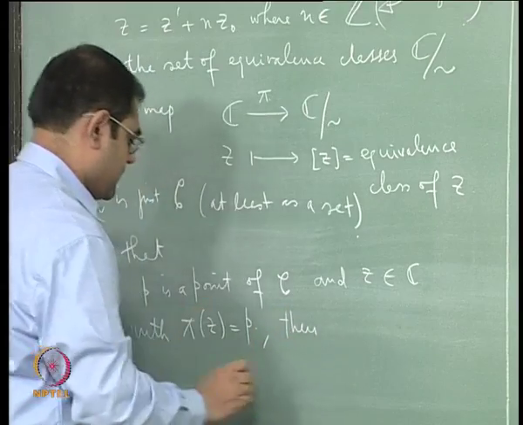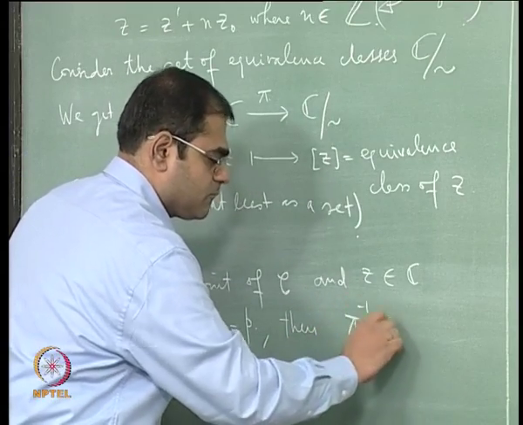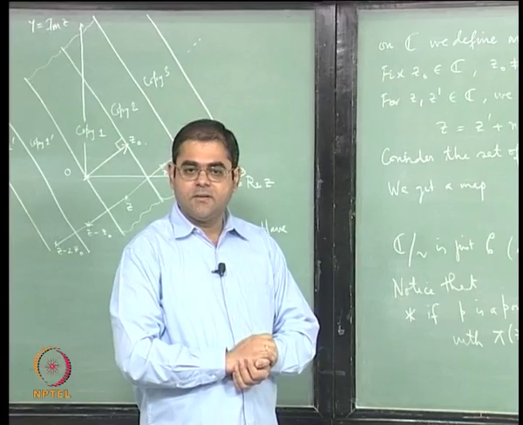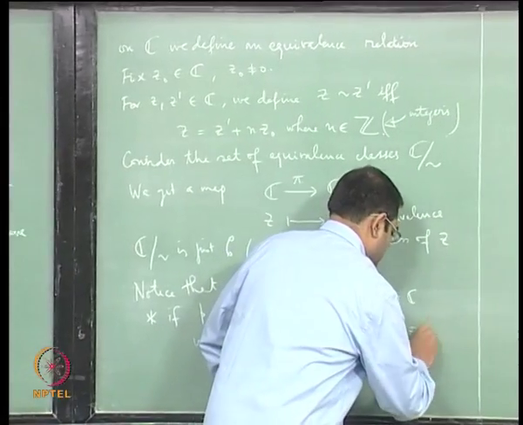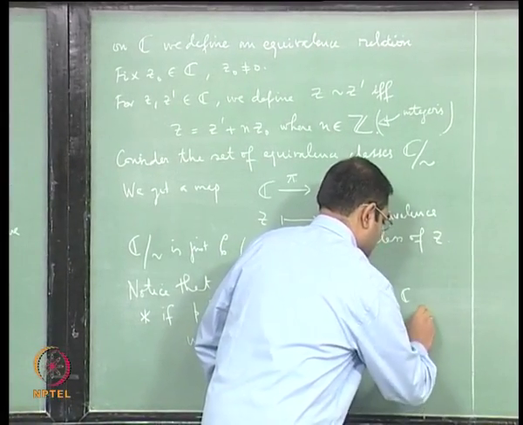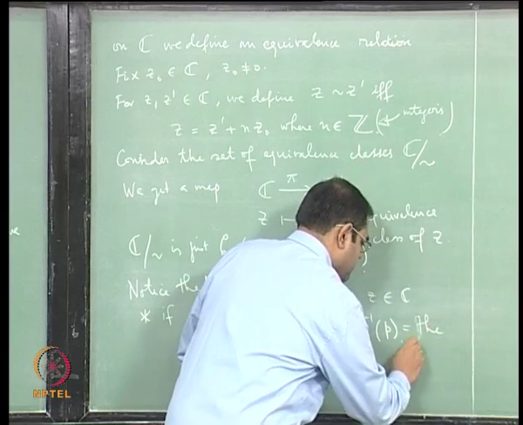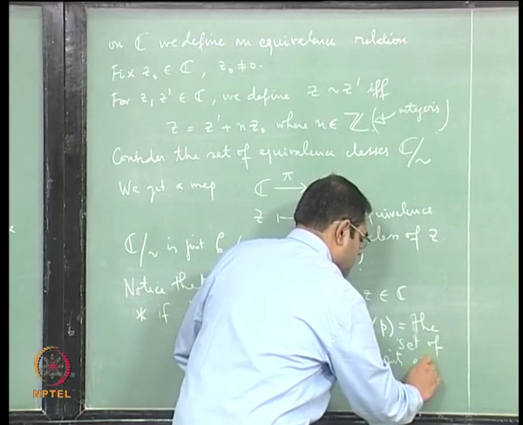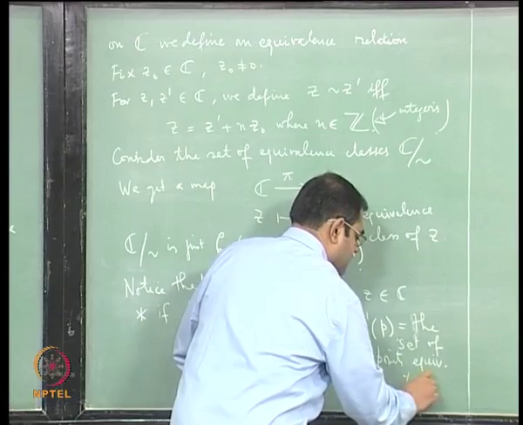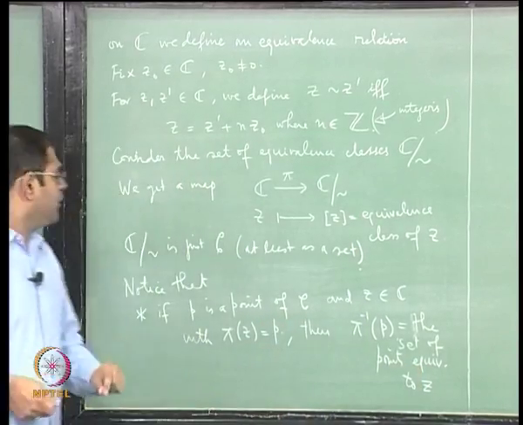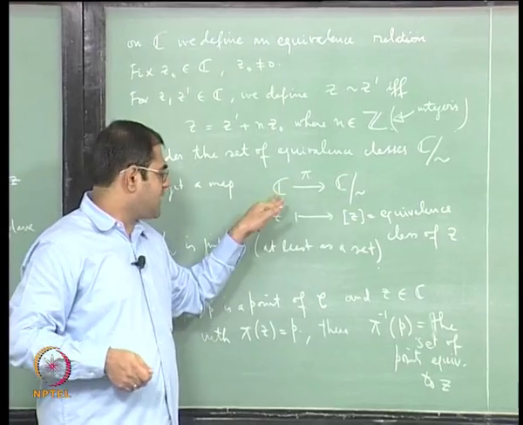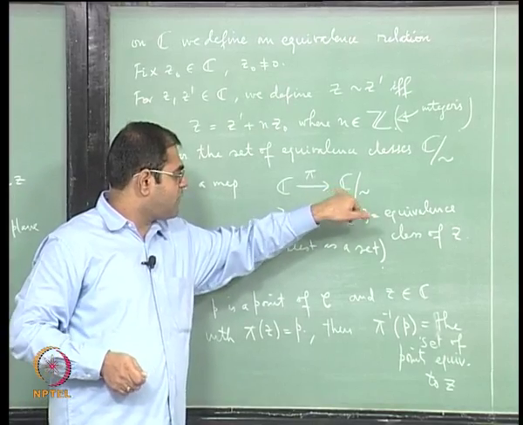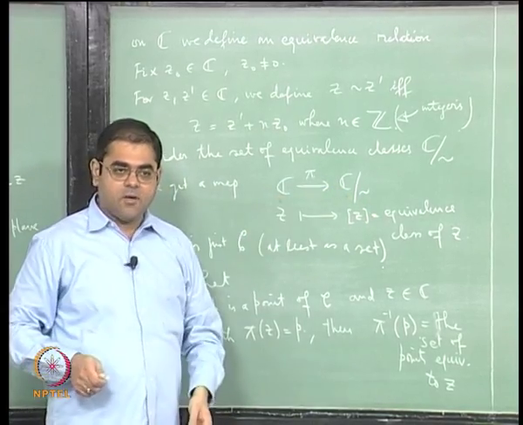Well, what is pi inverse of P? Pi inverse of P is going to be just the set of points equivalent to Z. Because what is this map? It takes every point to its equivalence class, so if you take the inverse image of an equivalence class, you will get all the points in the equivalence class.